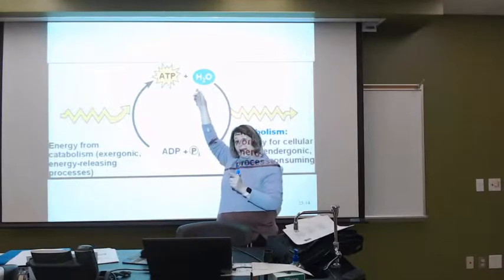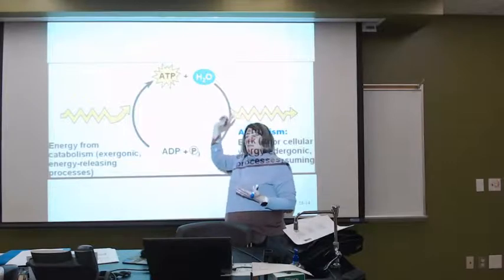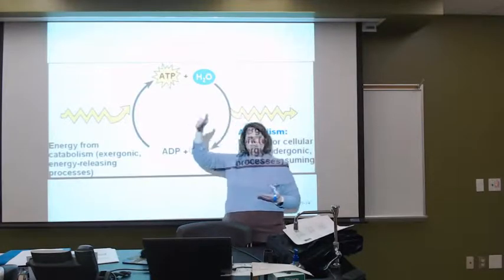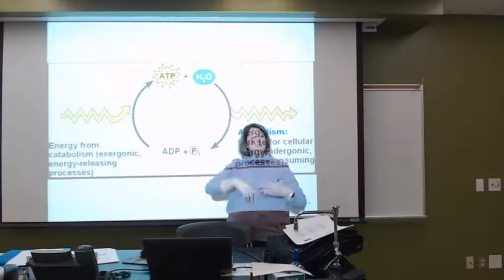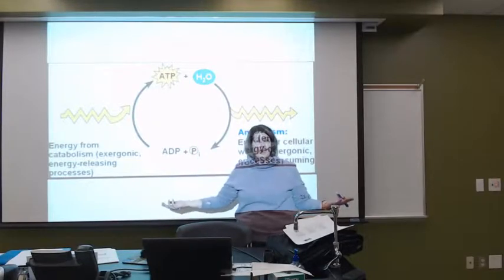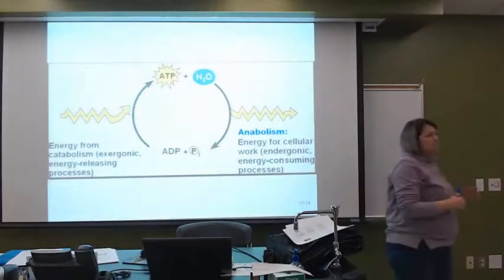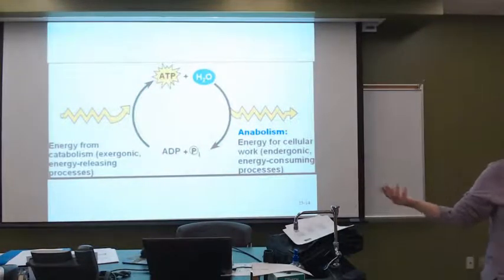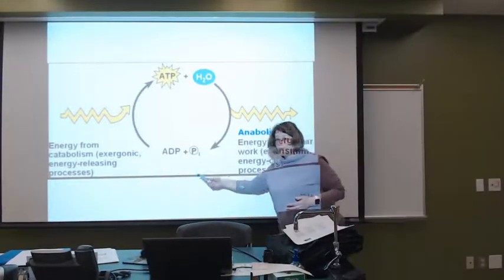Now once we have ATP, ATP can provide that energy for the cell to do something. For example, it could be a protein, the sodium-potassium pump in the membrane. ATP would have to give up a P and become ADP.